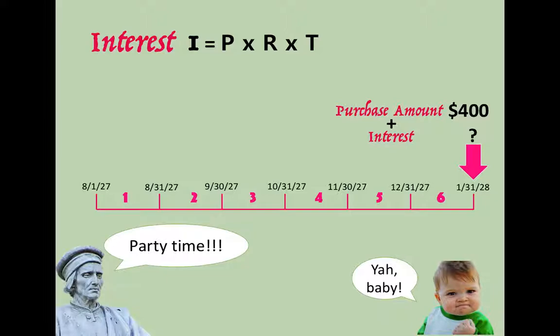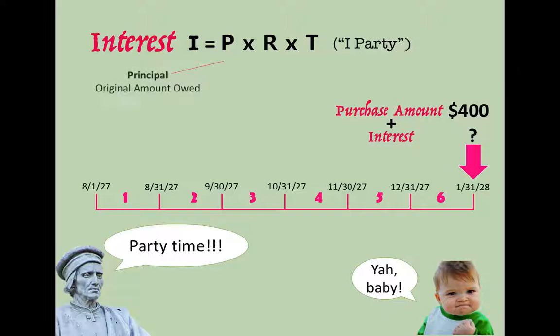Interest has a specific formula. So the formula that we use for interest is I, which represents interest, equals P times R times T, or what I like to call the I-party formula. I know, this video is full of bad jokes. Alright, so the I-party formula, hopefully maybe that's a way you can remember it.